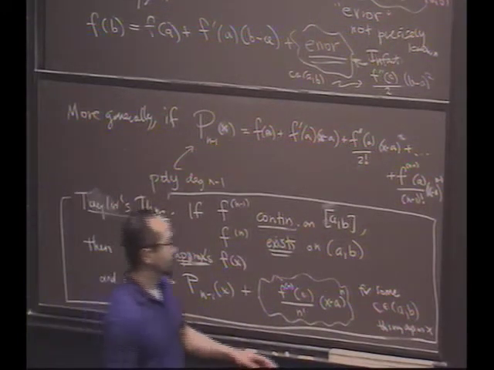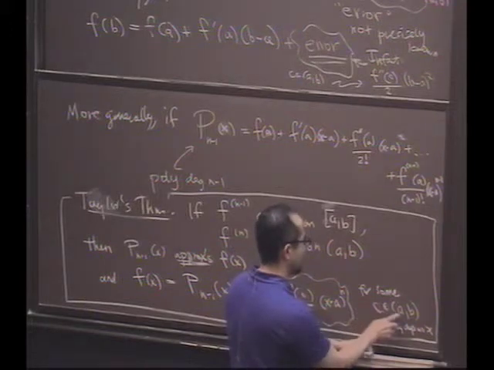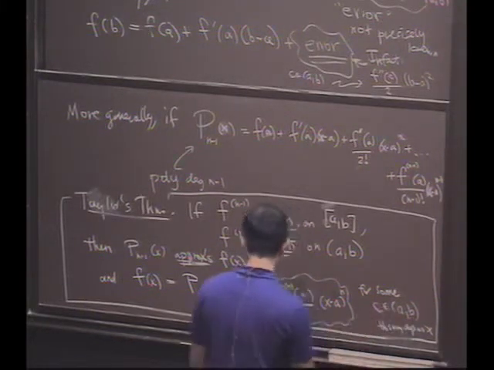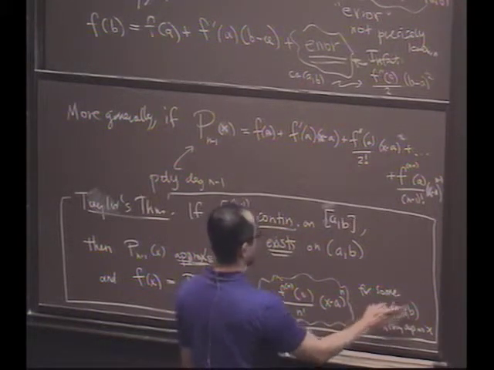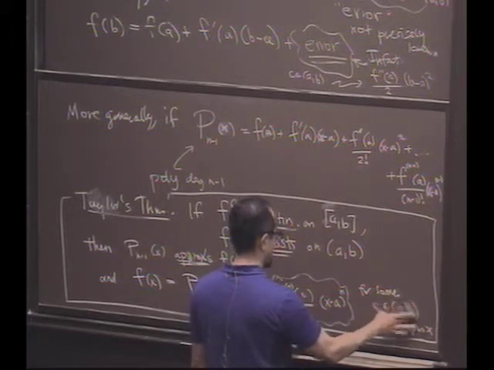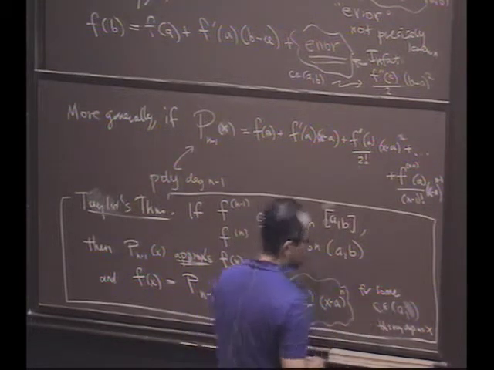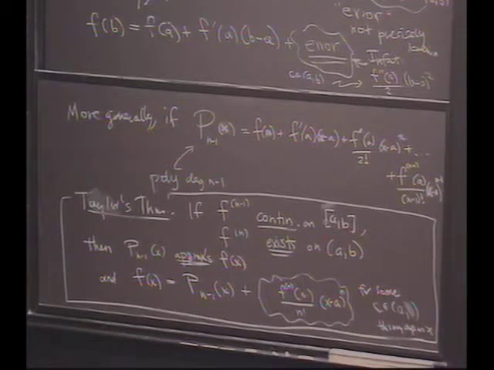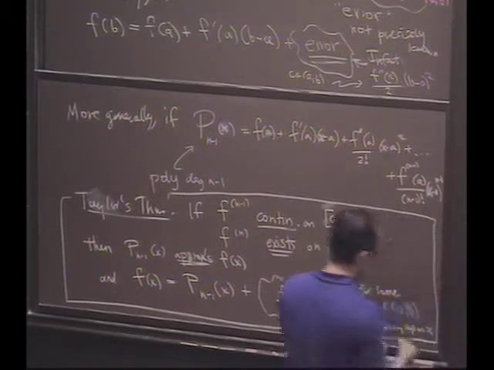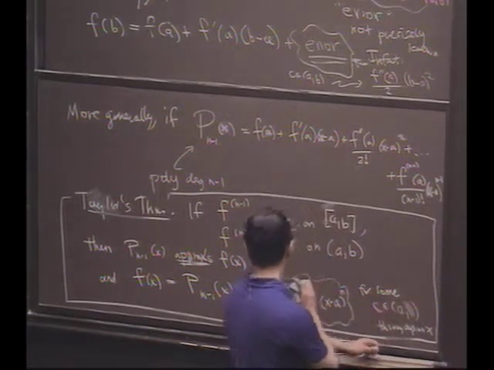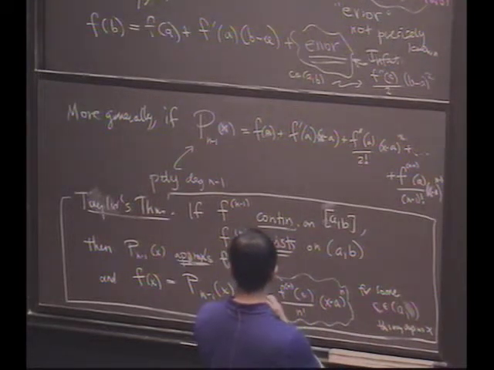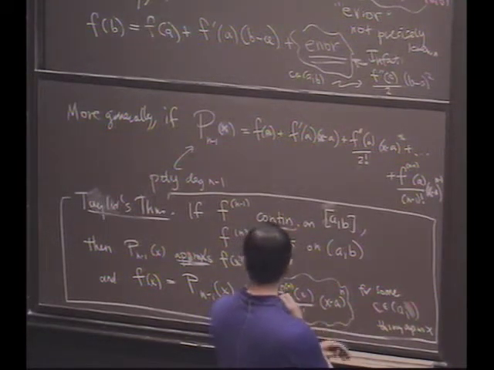Actually, in fact, what we've shown is that this c lives in between a and x. Maybe this last point b could even be changed to x, if that helps. Let's see, do I buy that? Is that what I want to say? X is over and c is in between?